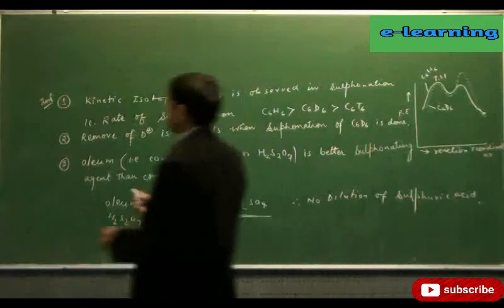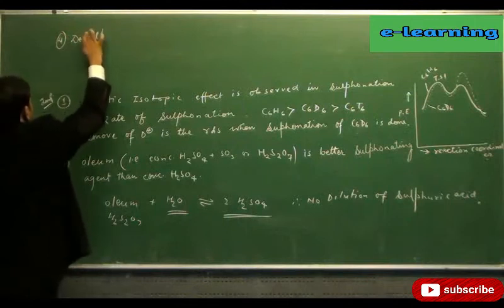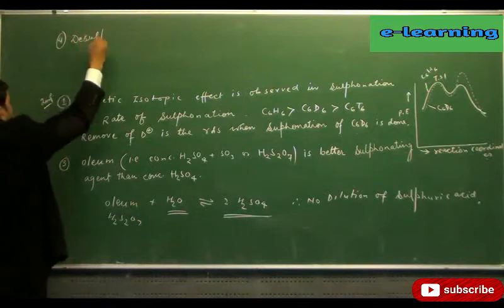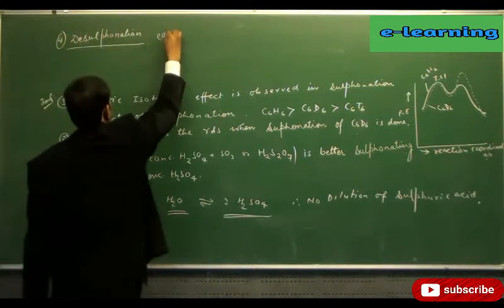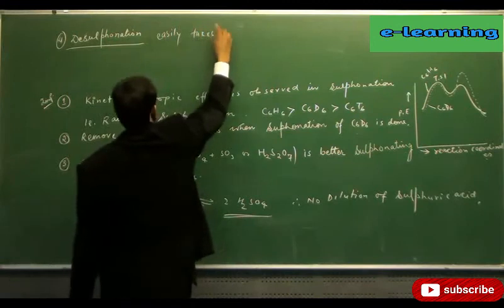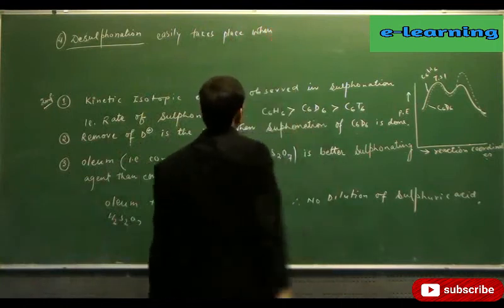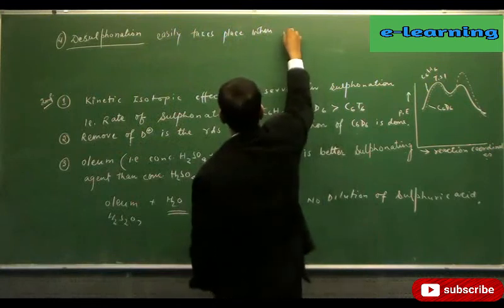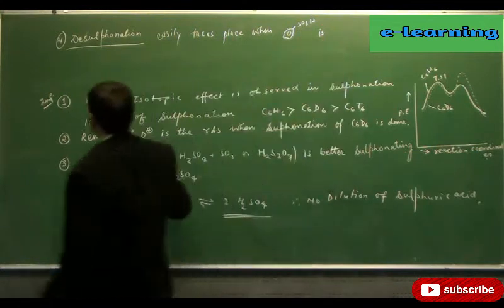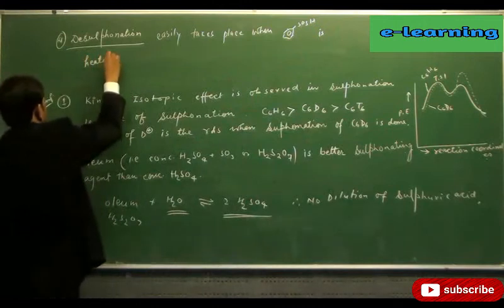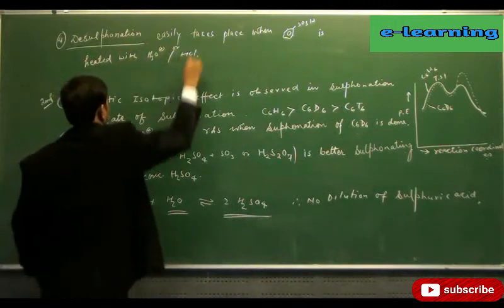Desulfonation easily takes place when benzene sulfonic acid is heated with H3O plus or HCl.